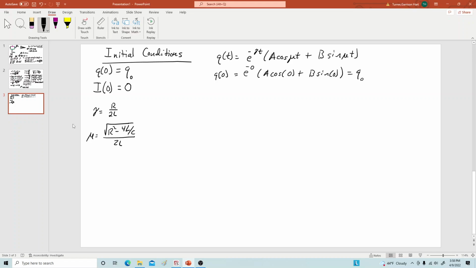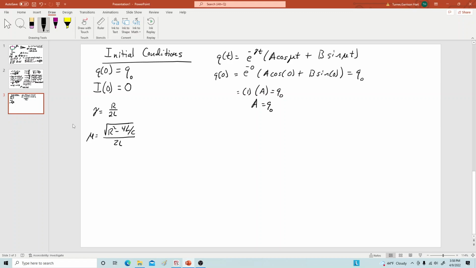Well, e to the negative 0 is of course just 1, so that drops out. The cosine of 0 is 1, so I'm left with A. And the sine of 0 is 0, so 0 times B is 0. So 1 times A must equal Q naught, so A is equal to Q naught. All right?